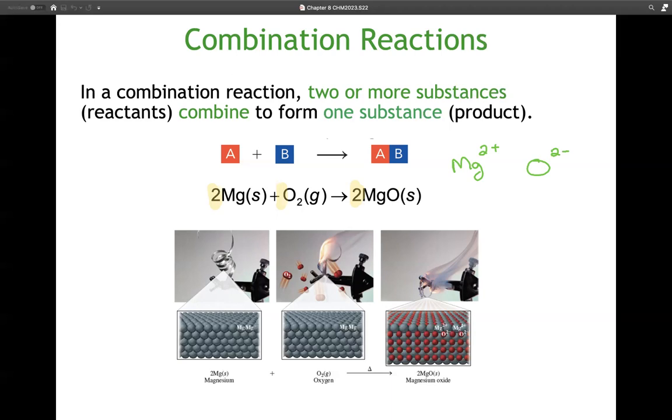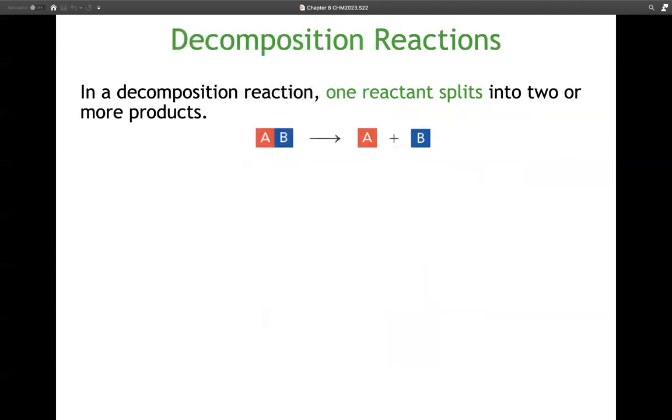All right, well, that's a combination reaction. A different type is a decomposition reaction, and that's when one reactant, where you have a bond between A and B, is decomposing into the individual atoms, A and B, or into simpler substances.